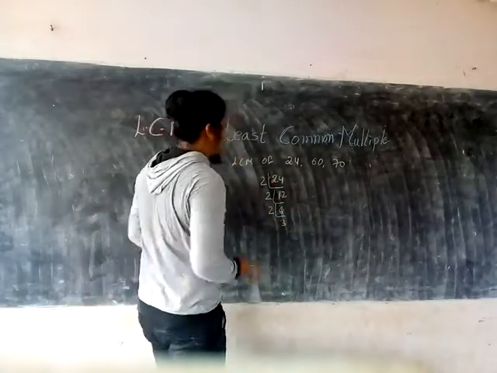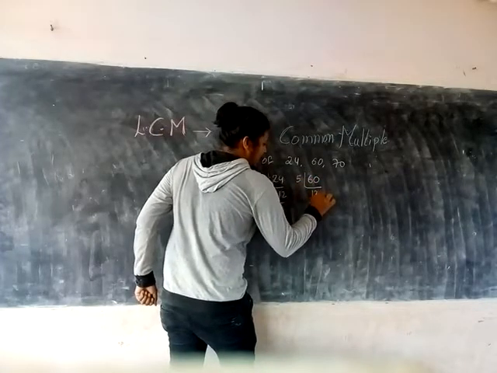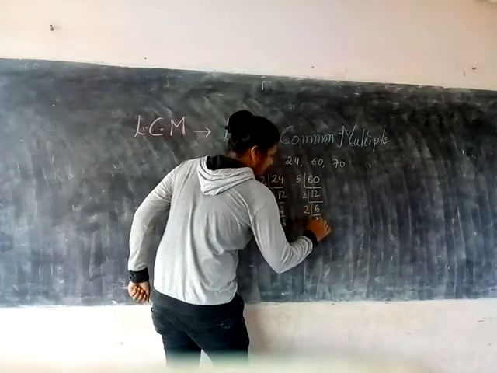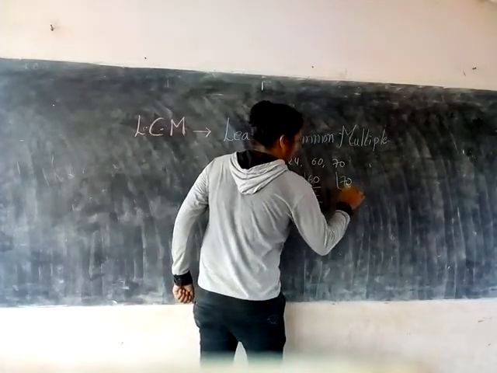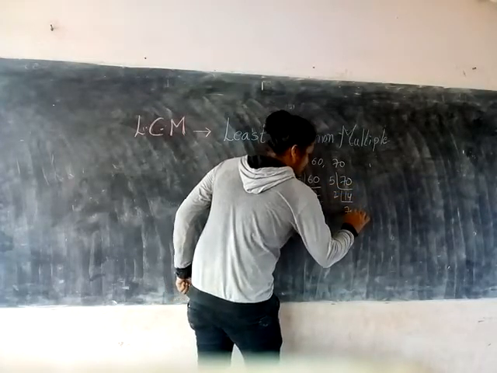Okay. Now 60. 5 table, 12 times, 2 table, 6 times, 2 table, 3 times. Now 70. 5 table, 14 times, 2 table, 7 times.